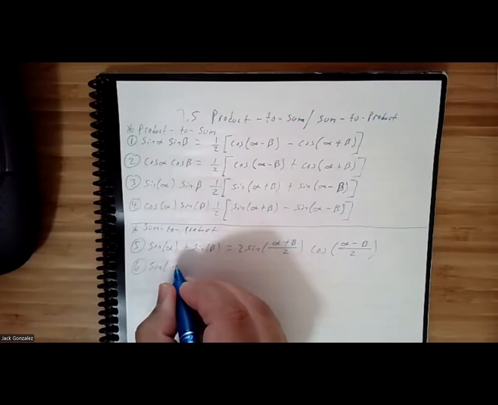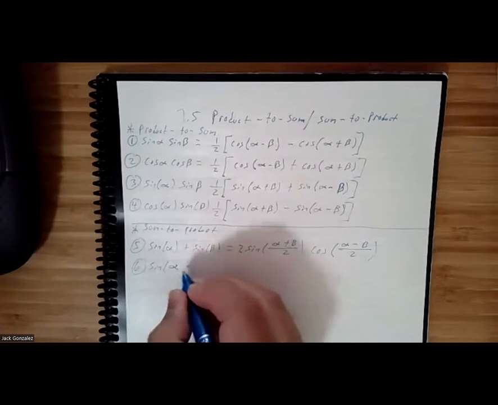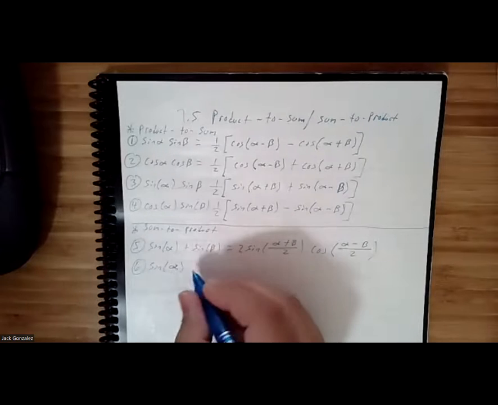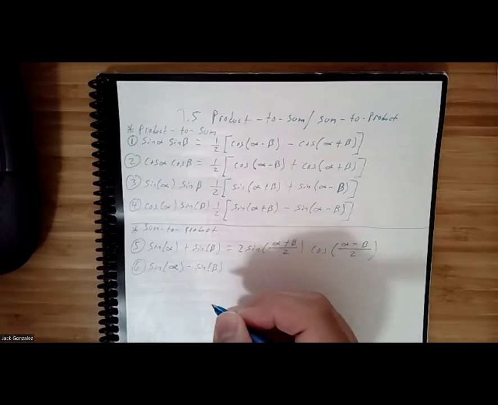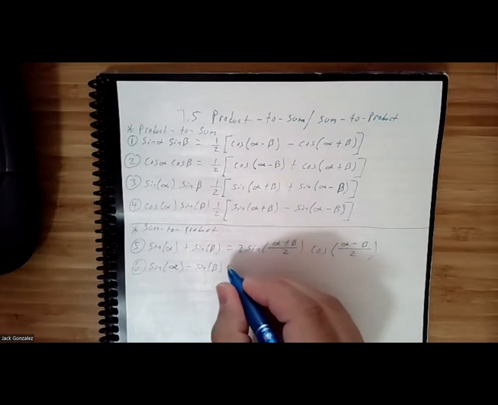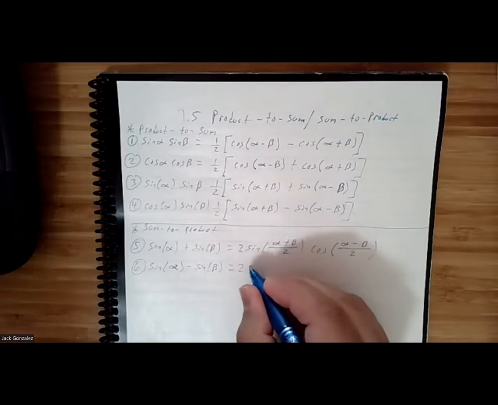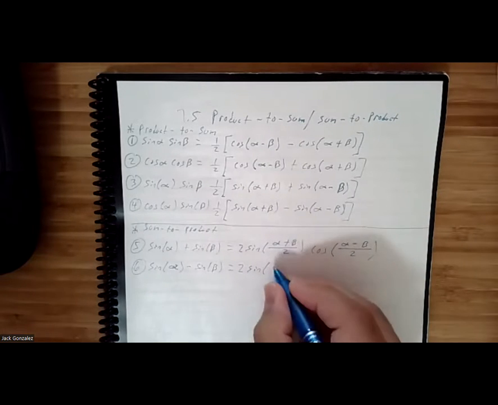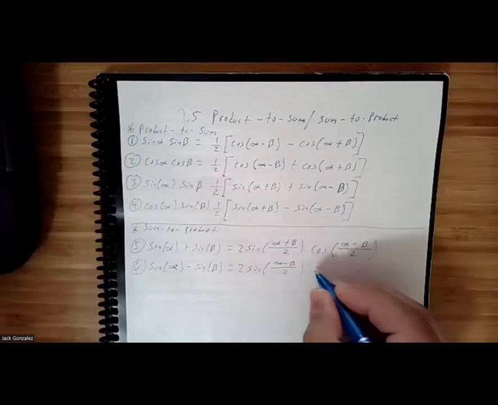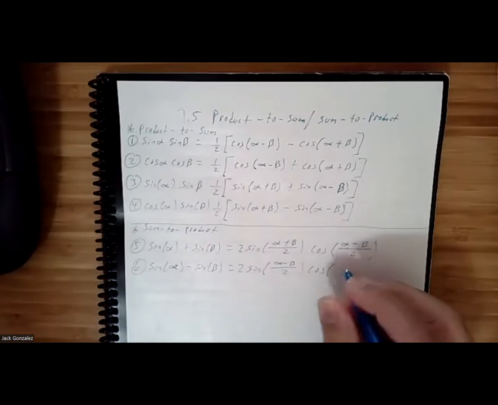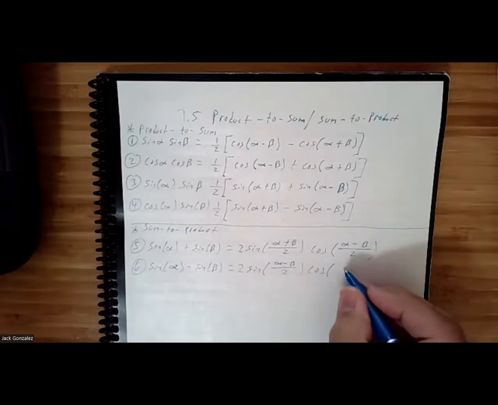Sine alpha minus sine beta is equal to 2 sine alpha minus beta over 2 times cosine of alpha plus beta over 2.